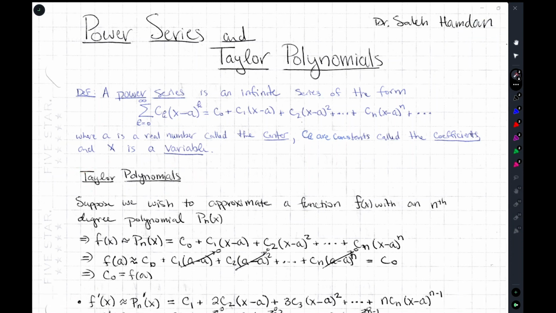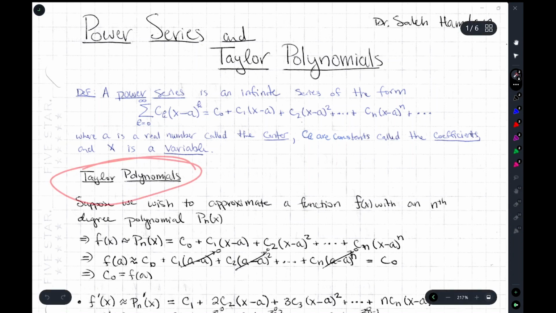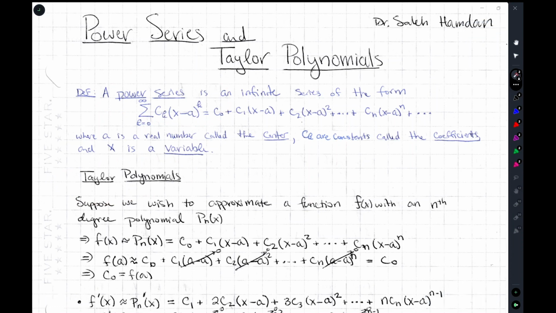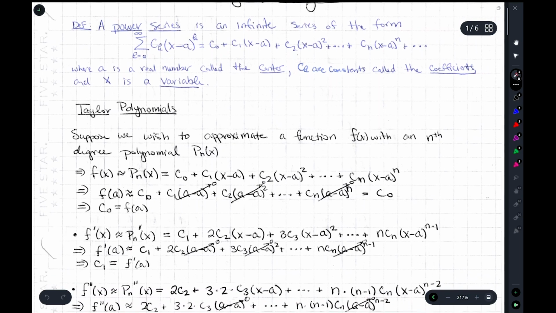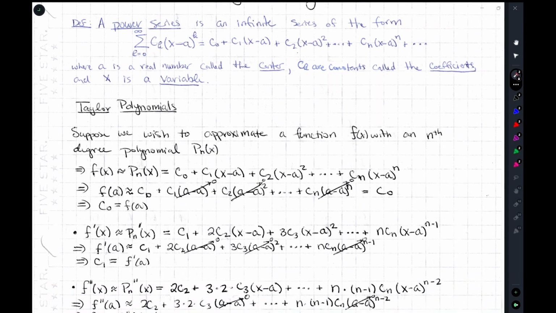So we're going to motivate the topic of power series and then pick up more about them. But first we'll take a look at this important topic of Taylor polynomials, which will give us a hint on why we should be studying power series.